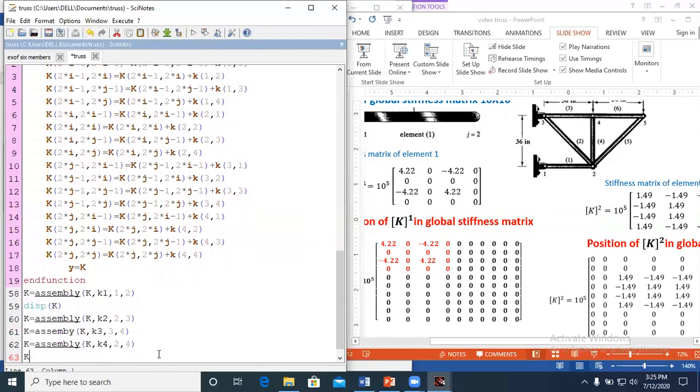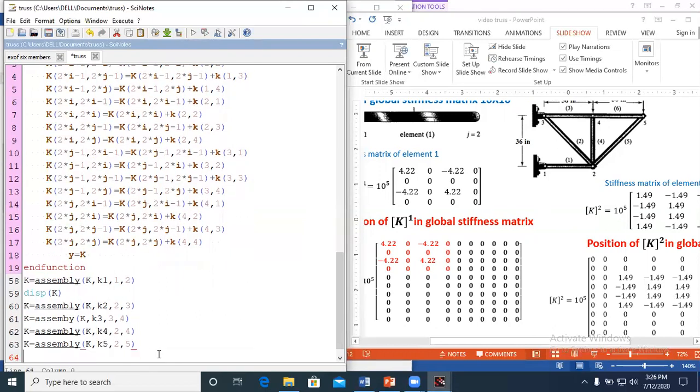Next k is equal to assembly in bracket k, k5, it is connected to the 2 and 5. Next k is equal to assembly, next is k comma k6 comma, it is 4 and 5, 4 comma 5.